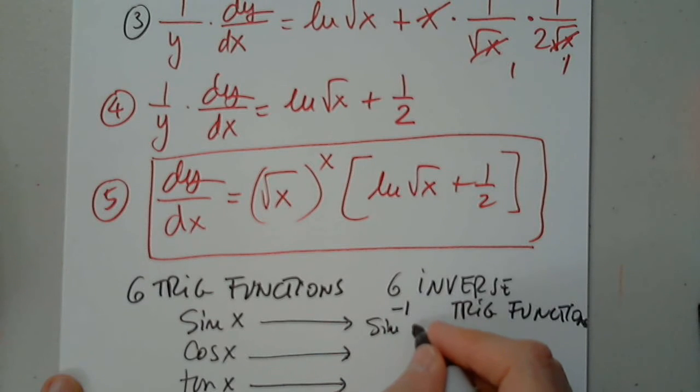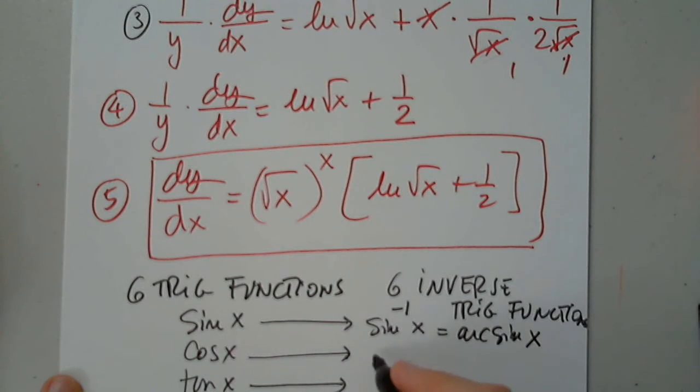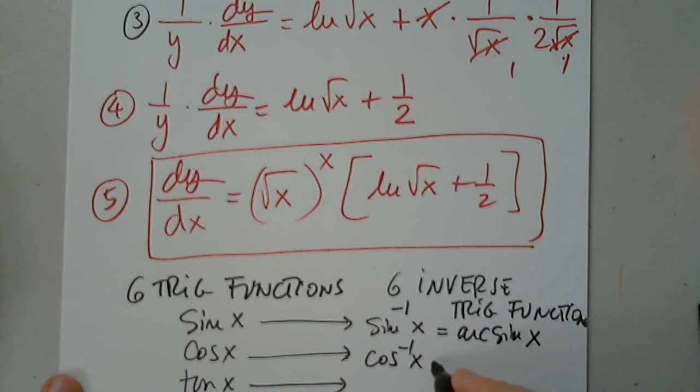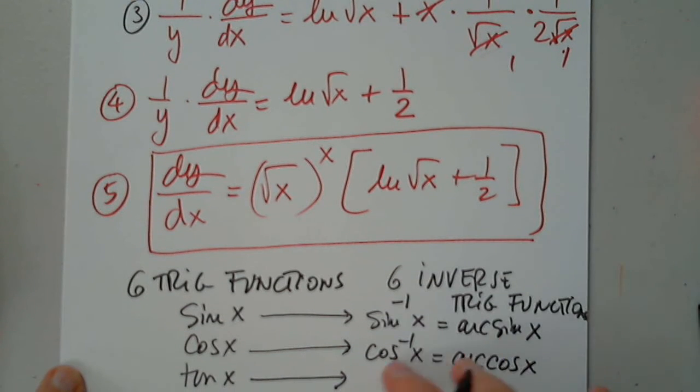Sine inverse of x, which is not 1 over sine x, is arc sine x. Cosine inverse of x is arc cosine x. These are the same function, different notation. And tangent inverse, the inverse of tangent, is arc tangent x.